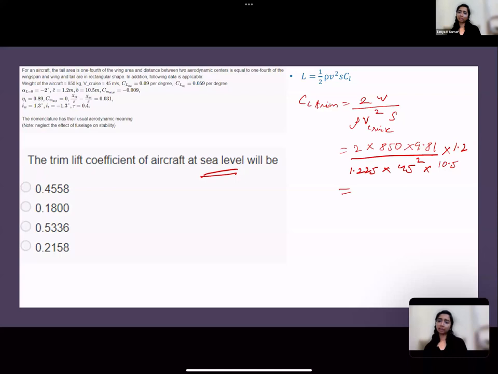How will you consider tail as well? You mean CL of the tail? No, no. This is how we do it. No. Okay. What is the area? That's where we made the mistake. What is the area? What is S?